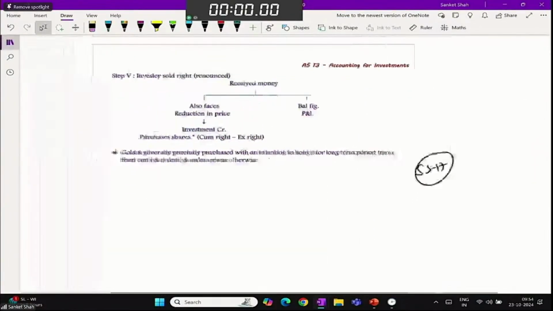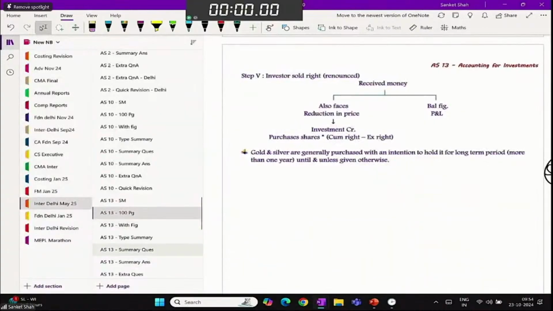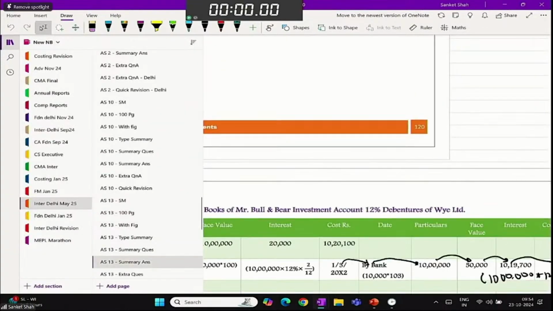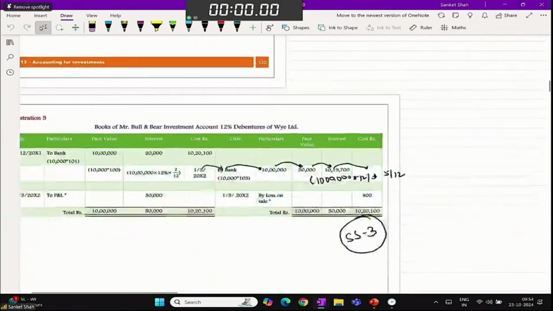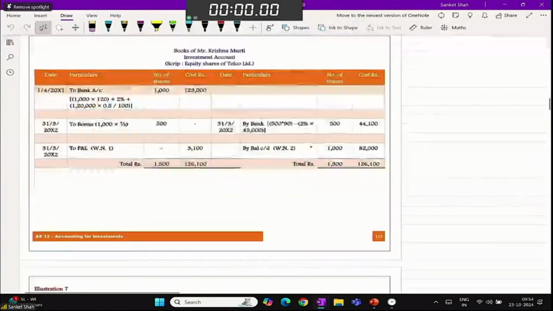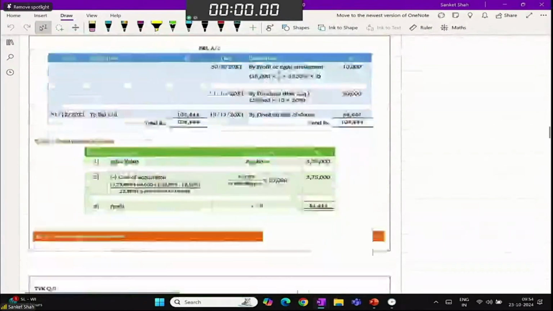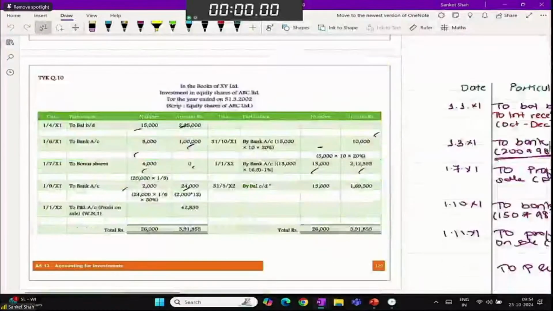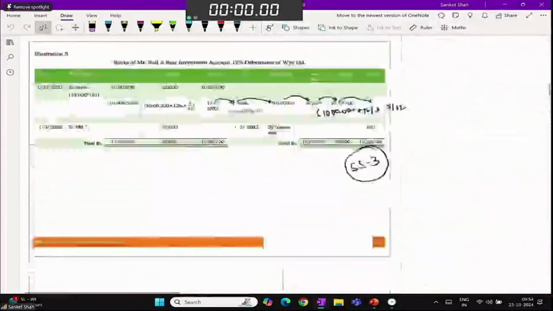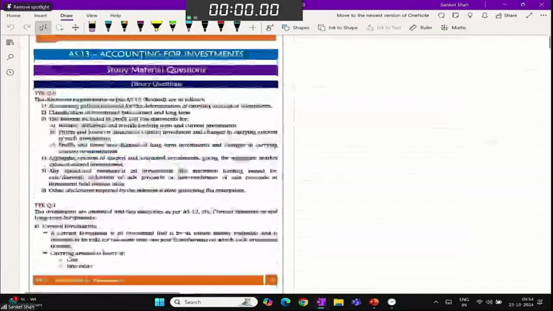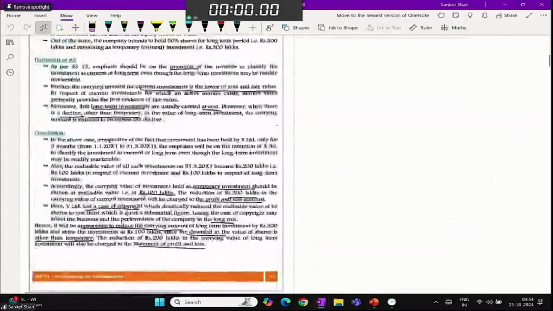You said you will give the rest at the end, but you didn't give all the sums. Screenshot already taken. No sir, that is in between the class. You have shown a few sums. You said it will be helpful for the students who are watching on YouTube, but in class you didn't give. No problem, you can take them with figures.